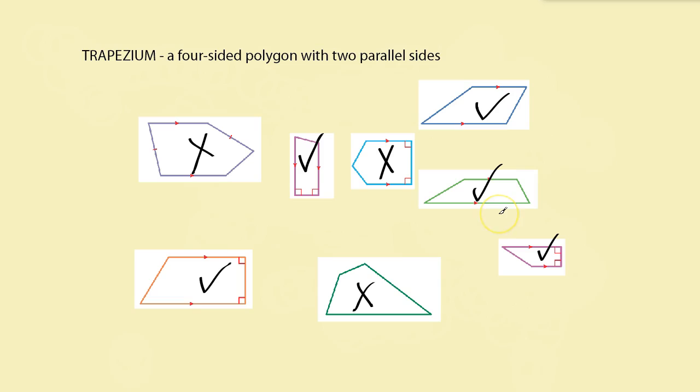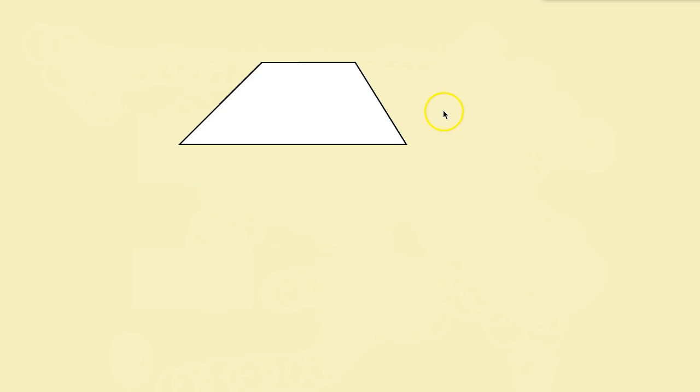So now that we've figured out how to identify them, let's have a look at how to find the area. So let's start with looking at this trapezium. To begin with, let's just label the dimensions. By dimensions, I just mean measurements.